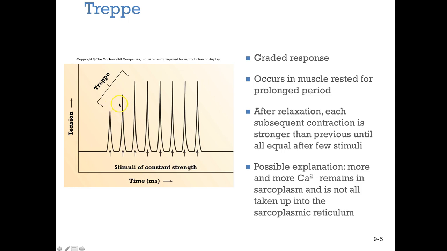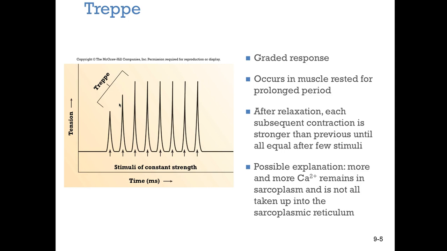Instead of all the calcium going back to the sarcoplasmic reticulum, some of it hangs around, and we can attach it more to troponin, move tropomyosin out of the way so we can reveal those active sites on our actin filament for the myosin heads to attach there. Okay.